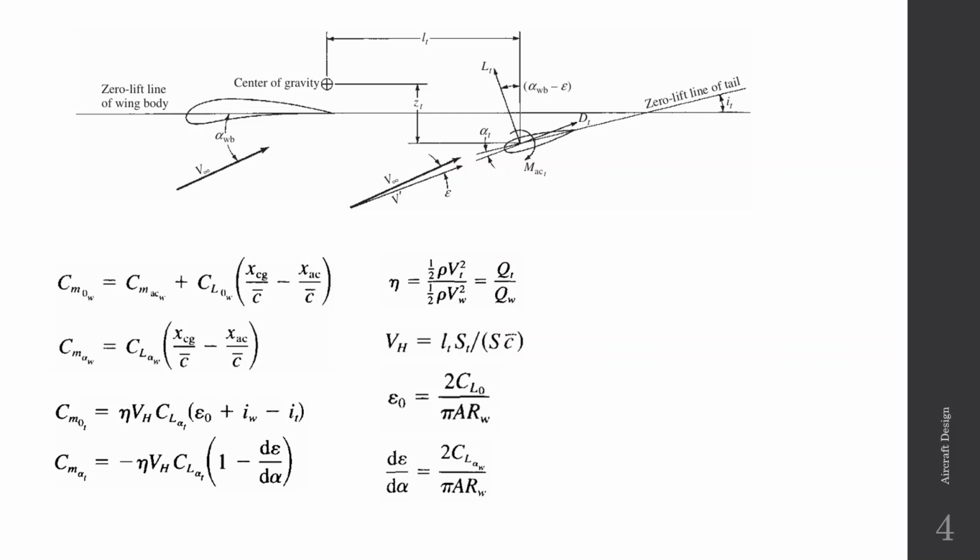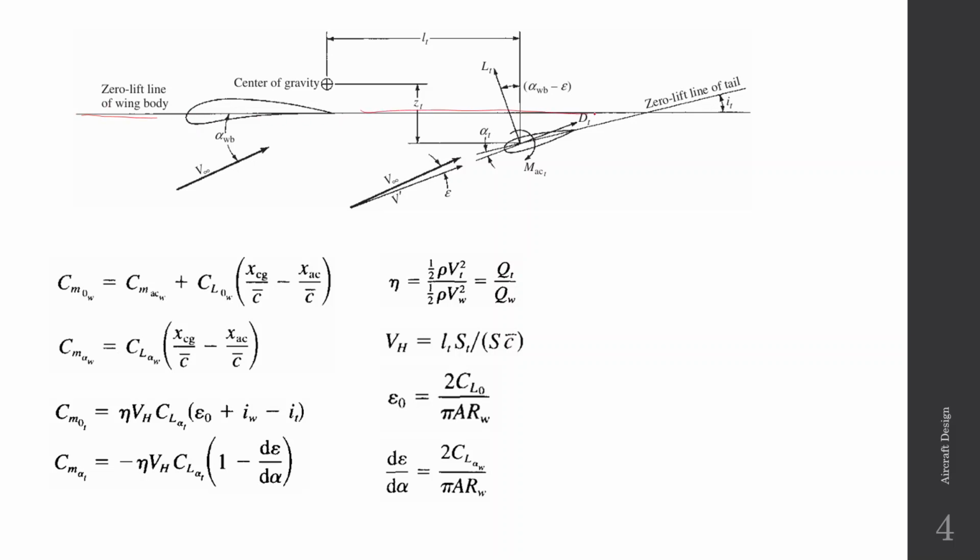Now here we will see what the forces are which contribute to this longitudinal stability, and what the expressions of these forces are. Like here I am drawing, this line indicates the zero lift line of the wing body.